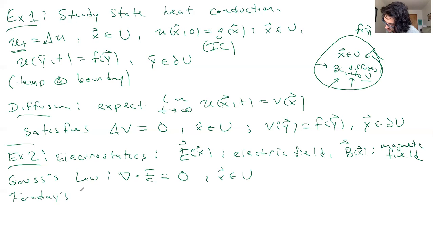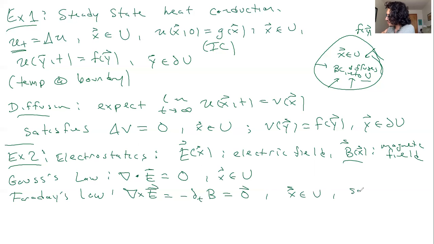Faraday's law says that the curl of E is equal to the time derivative of B, which is equal to 0, because B is not changing in time. So on x in U, because we're here in the static case.